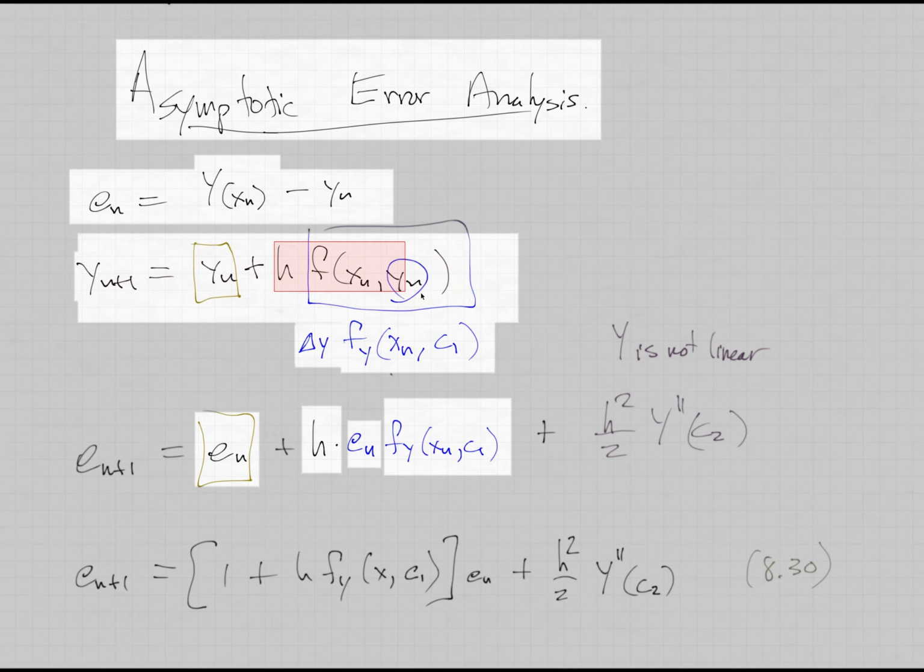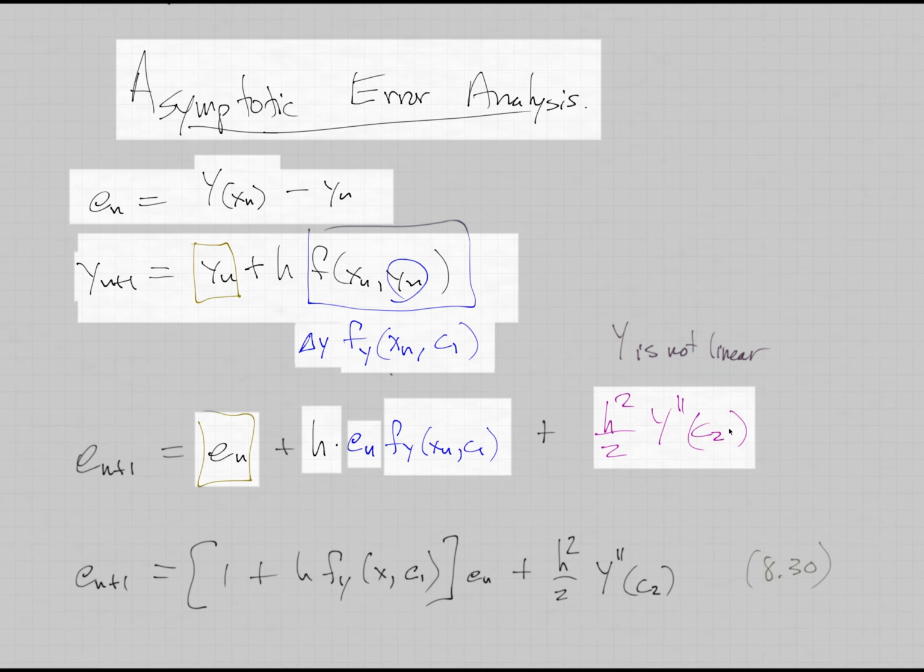So because y prime varies, this will not give us the correct value, and therefore we have to add a second order term from the Taylor series in order to correct for the fact that the true solution is not linear, right? So this is exactly the second order error term from the Taylor series expansion of the solution y. It simply represents the error in the linear expression for y. So that's the truncation error. That's the new error that's introduced.